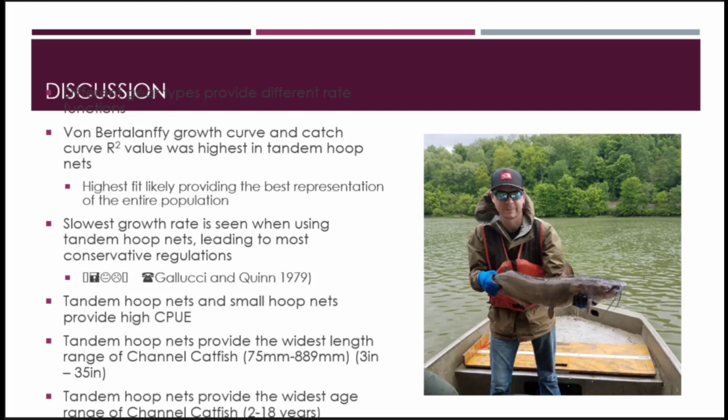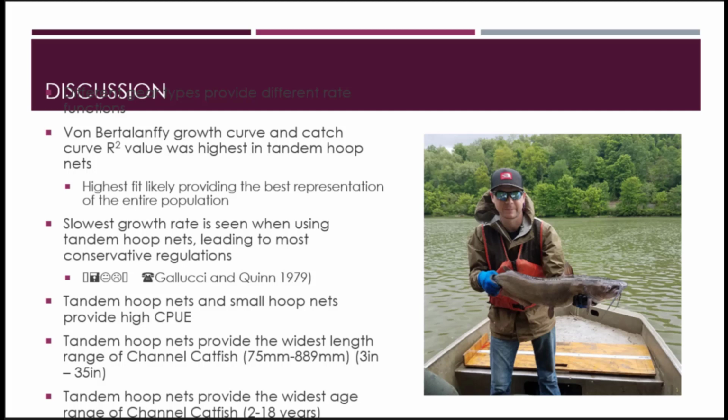So really at the end of the day, our gear types provided different catch rates, right, amongst all of our gears. The von Bertalanffy growth and catch curve R-square values were highest when we calculated it using the tandem setup. Slowest growth was seen using the tandem hoop setups.